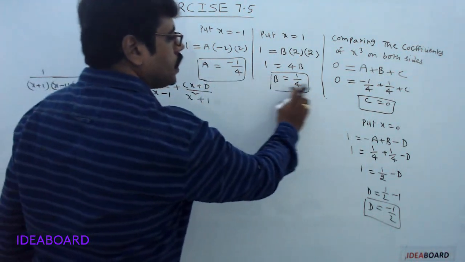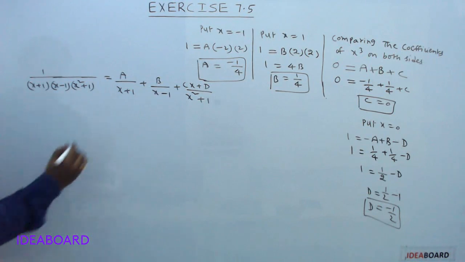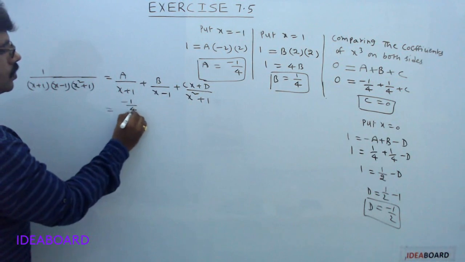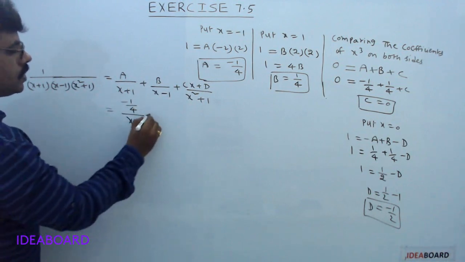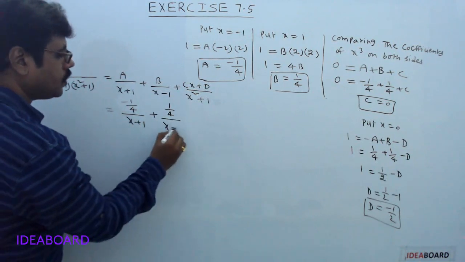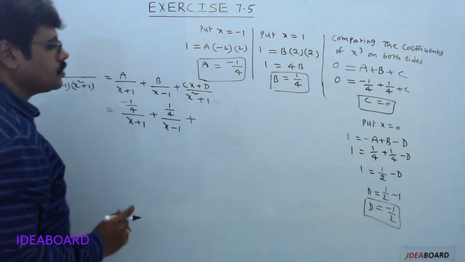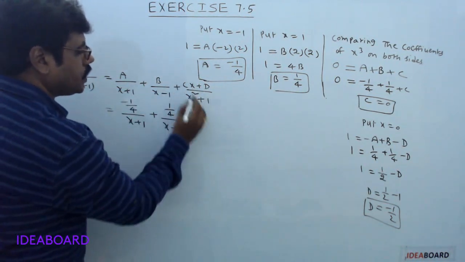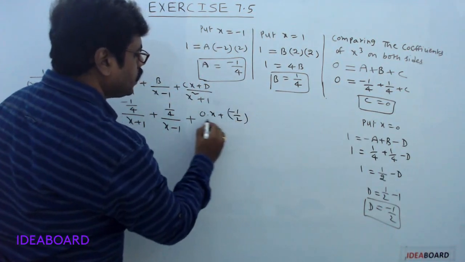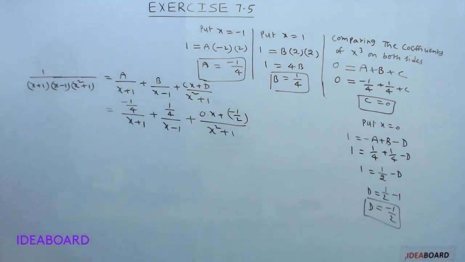Then substitute the values of A, B, C and D in this equation. What is the value of A? Minus 1 by 4 divided by x plus 1, plus B, B value 1 by 4 divided by x minus 1, plus, what is your C value? 0, so this is 0 into x, plus D value minus 1 by 2 divided by x square plus 1.